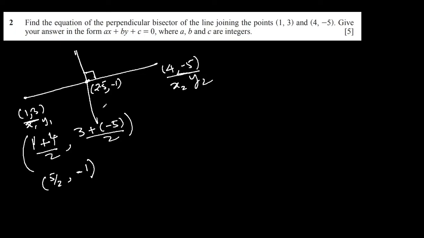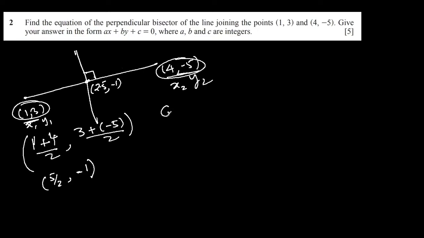Right, we have a point on the line. For finding the equation we need the gradient as well. For finding the gradient we need two points, and there are not two points on this perpendicular bisector, so we'll take again the help of these two points to find the gradient of the main line.